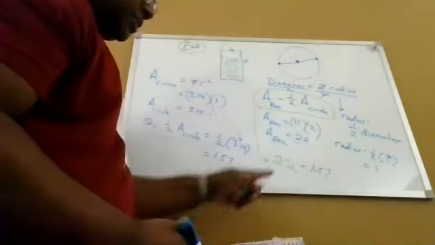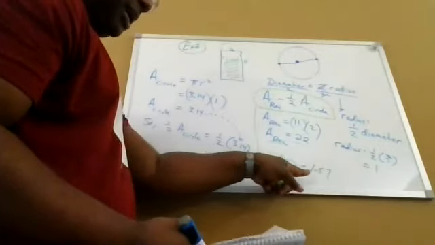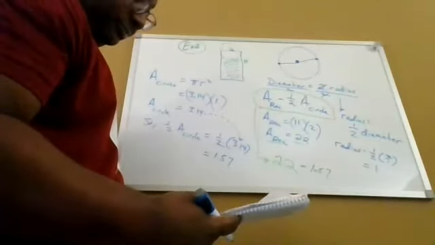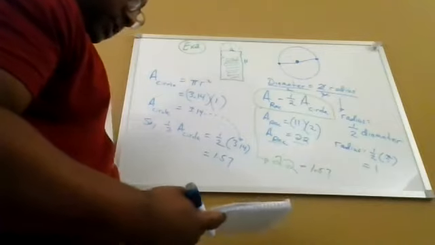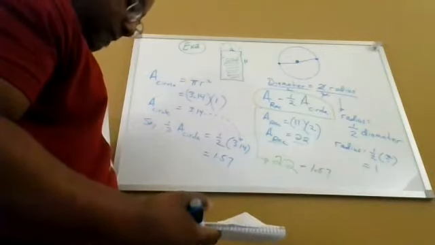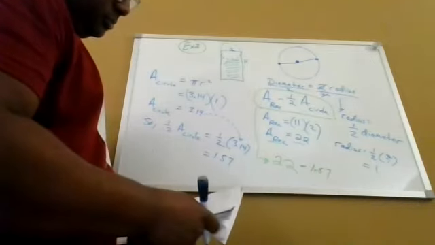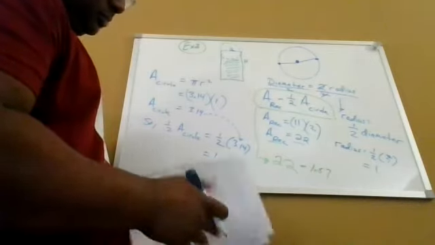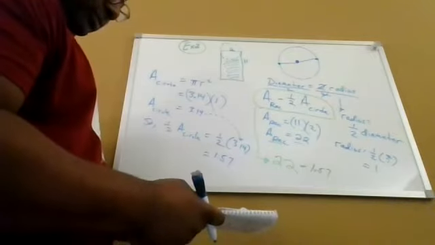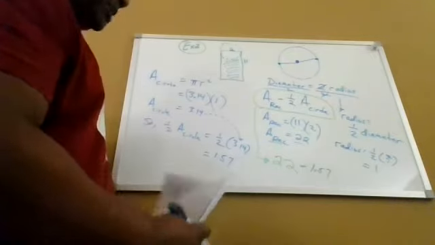And so now when I subtract 22 minus 1.57, that's going to give me, okay, let's just do it the long way.